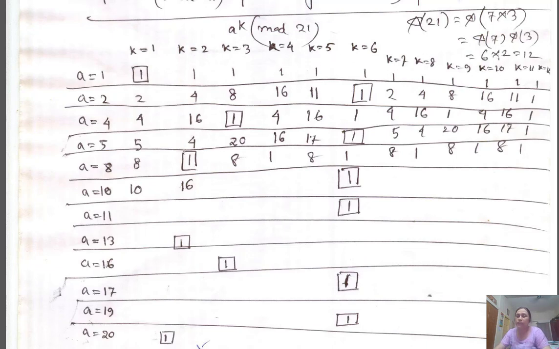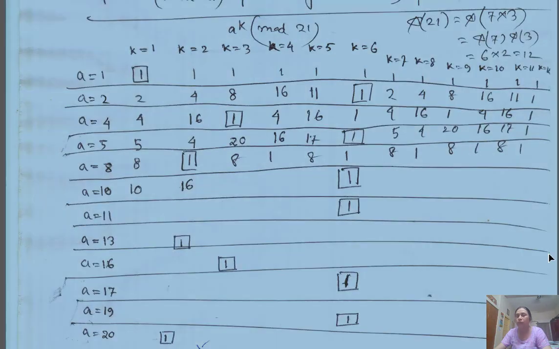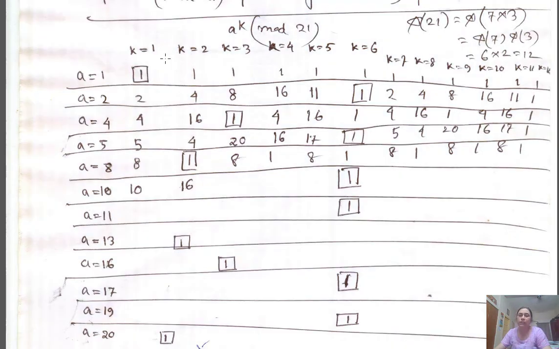So the factors are essentially 1, 2, 3, 4, 6 and 12. 1 is essentially that identity element. For 12, this column you don't have to calculate by Euler's theorem. This is 1, and for the others you have to check whether it is giving you 1.